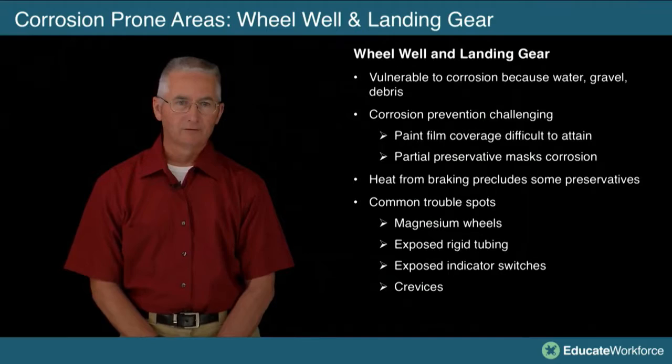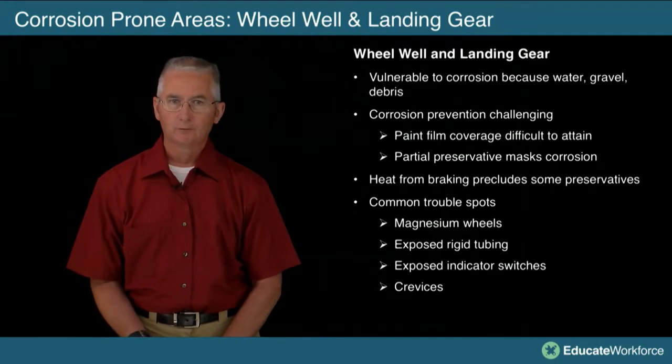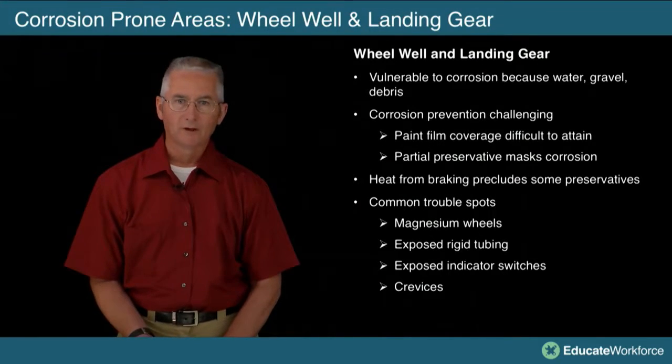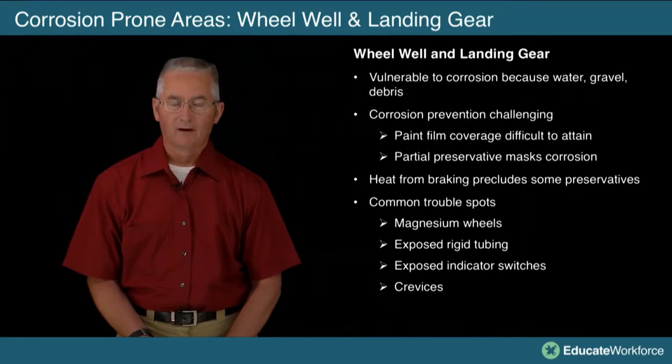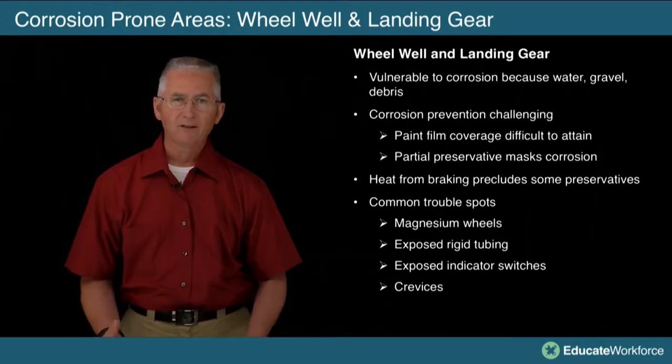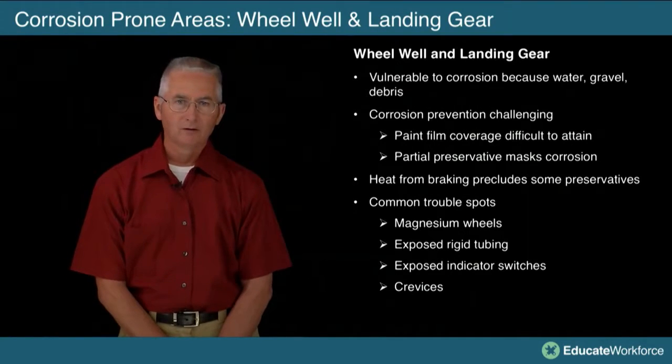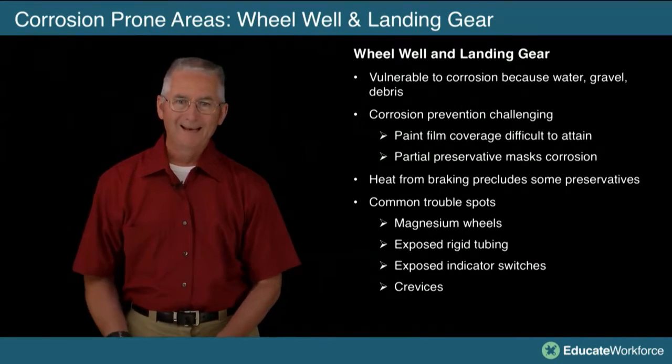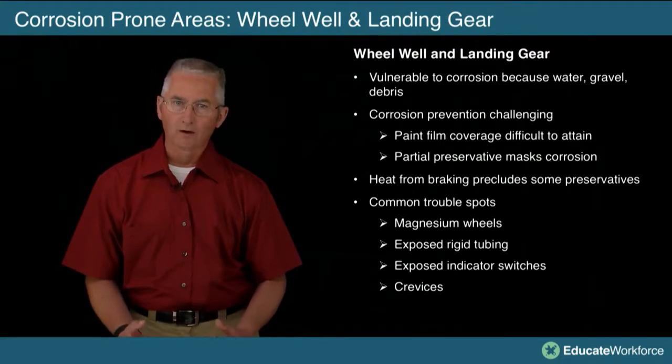A lot of dissimilar metal. We have magnesium brakes, we have magnesium wheels, we have aluminum brakes, we have hydraulic lines, we have steel, wire, electrical. You've got everything in that wheel well that's all going to contribute to corrosion. And then on top of that, we've got pockets where water can just sit and debris and dirt can sit.